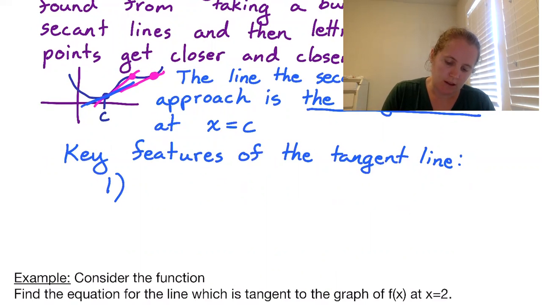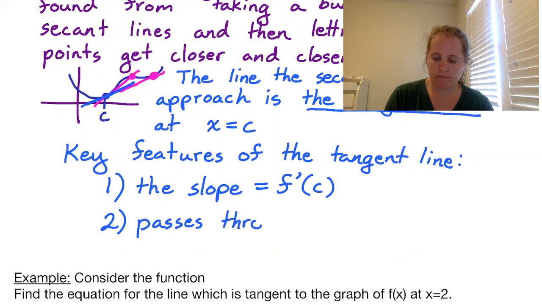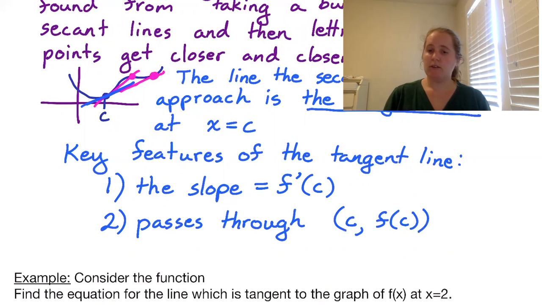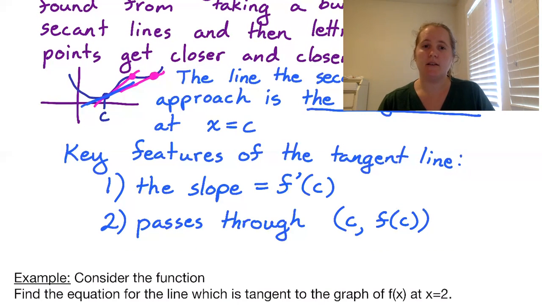So first up, the slope is simply equal to the derivative at c, so f prime of c. And it passes through the point at x equals c, so it passes through the point c, f of c. So if we know c, f of c, and the derivative at x equals c, we can then find the equation of the tangent line.